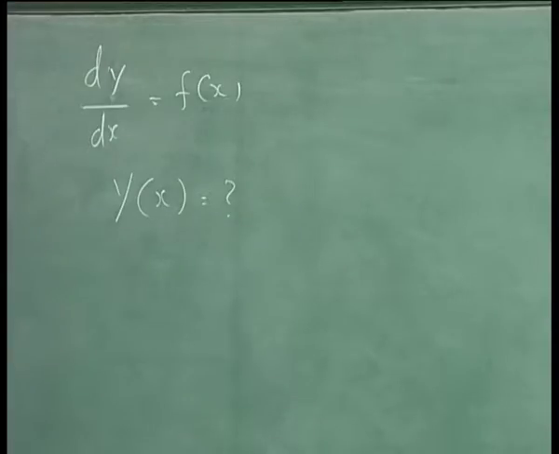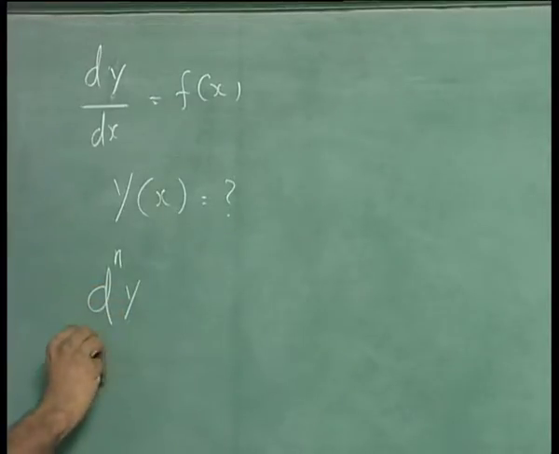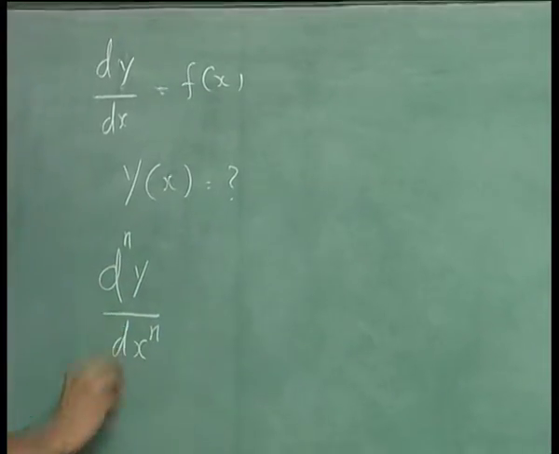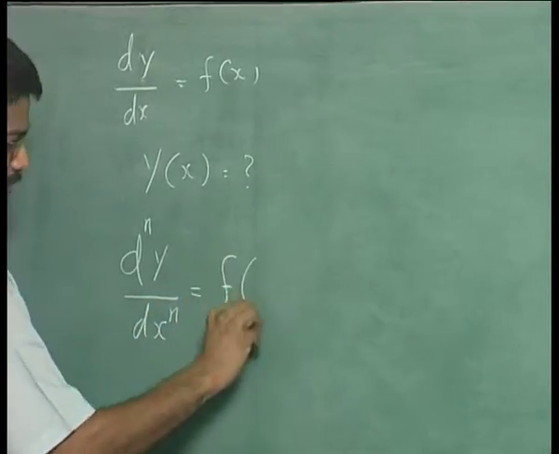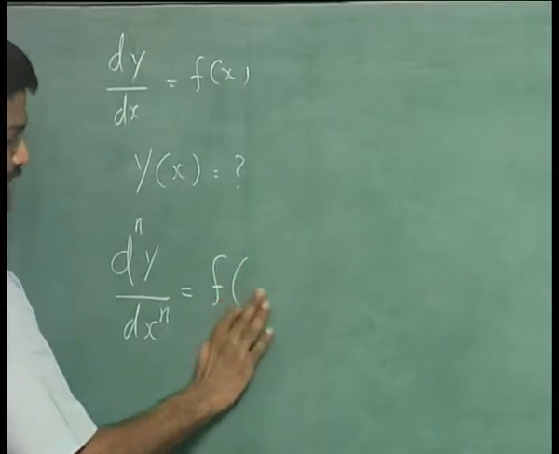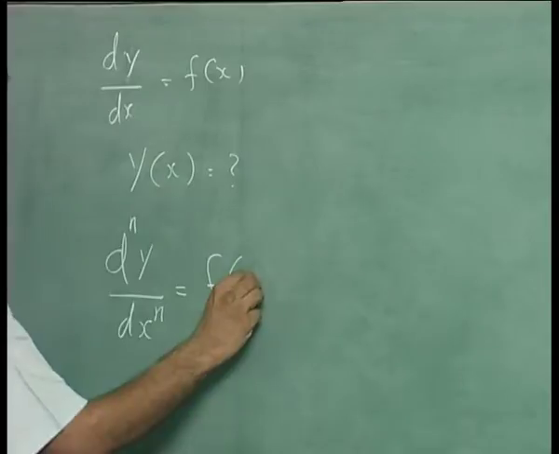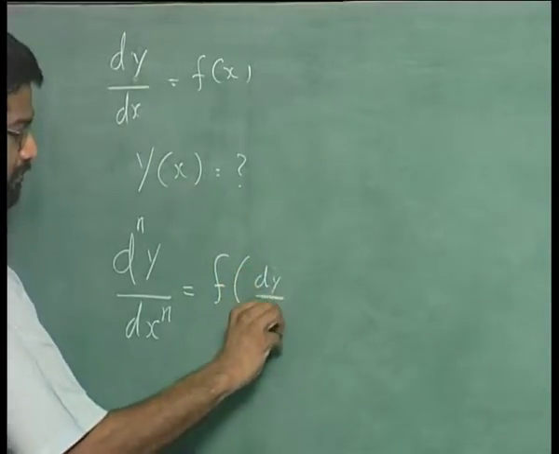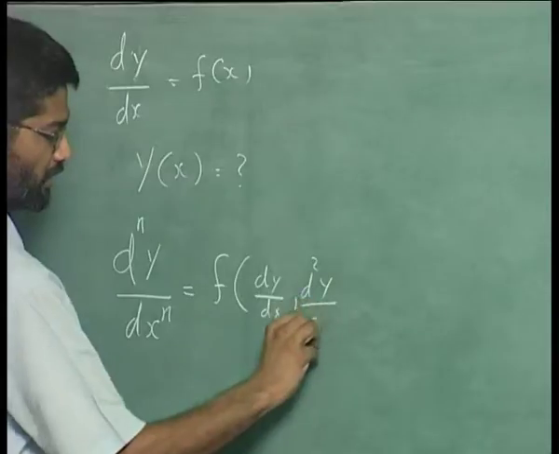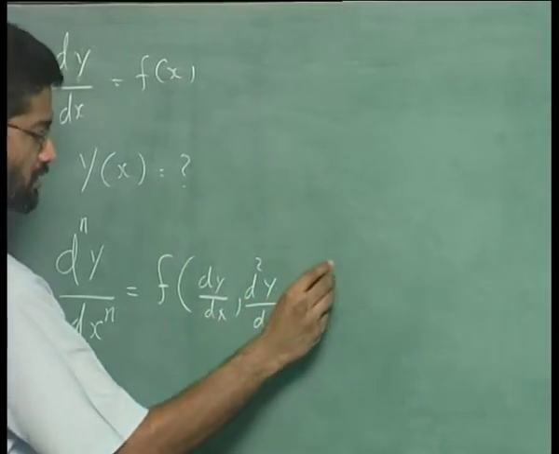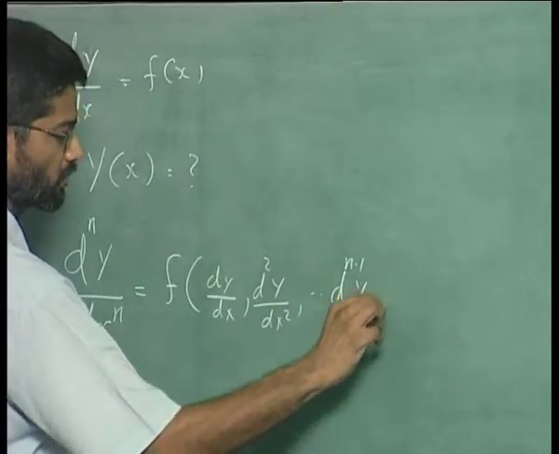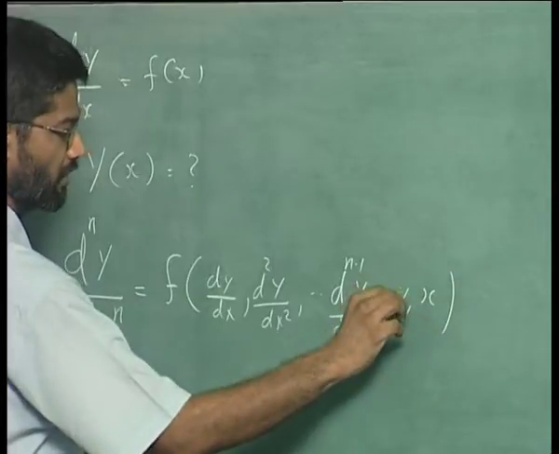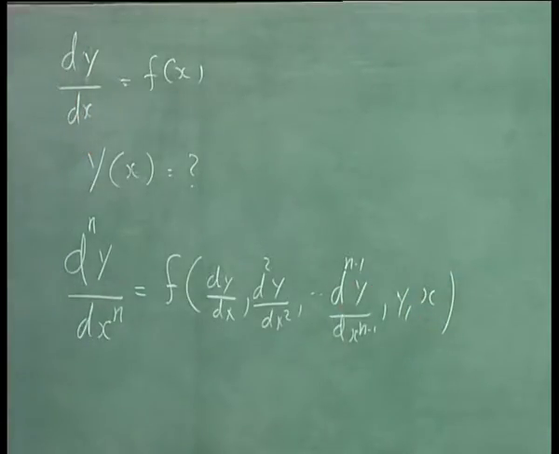In general we could have a differential equation of this form, d to the power n y by dx to the power n, that is the nth order derivative, equal to some function of the derivatives of order n minus 1 down to dy by dx, d squared y by dx squared, and d to the power n minus 1 y by dx to the power n minus 1, y and x. So in general it could be a function of all of these quantities.